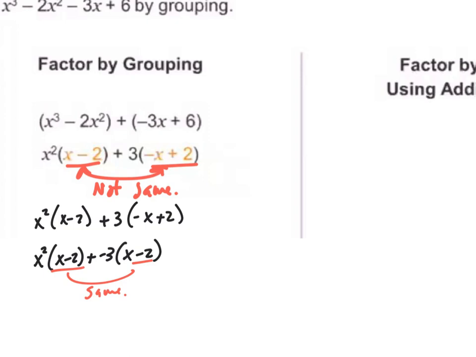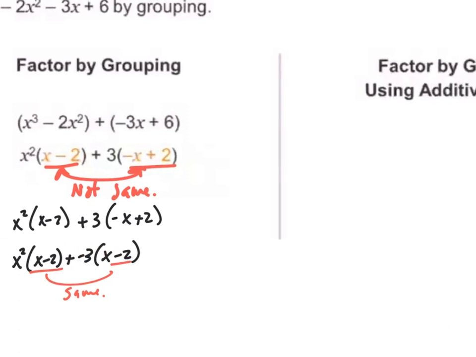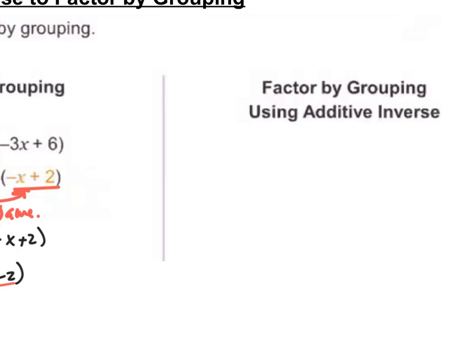let's rewrite this without having to do this extra step. Let's just rewrite this as x cubed minus 2x squared minus 3x plus 6, okay?